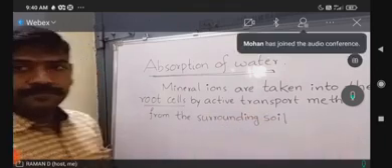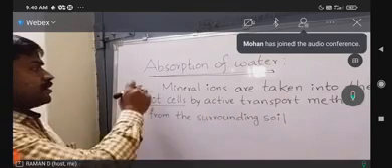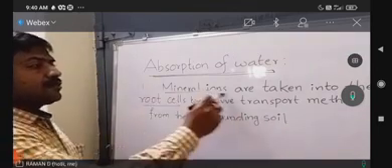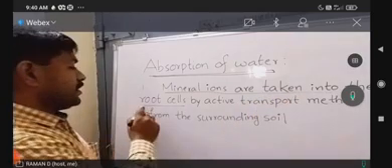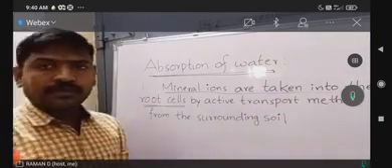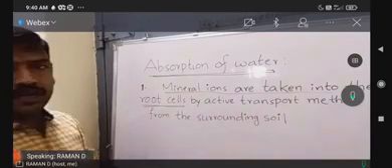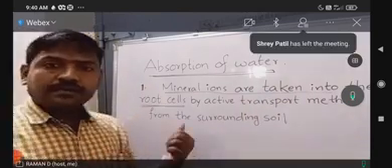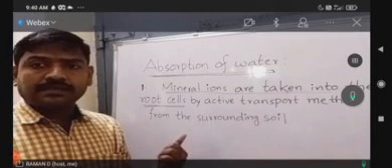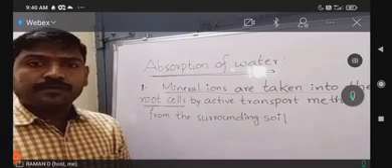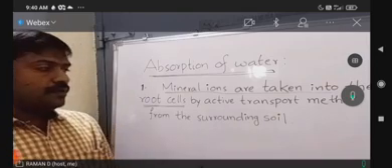So this is point 1. You need to understand in absorption of water, first point is mineral ions are taken into the root cells. This you need to remember. This is very crucial. If this particular process is not taking place, then water cannot be absorbed into the root cells.